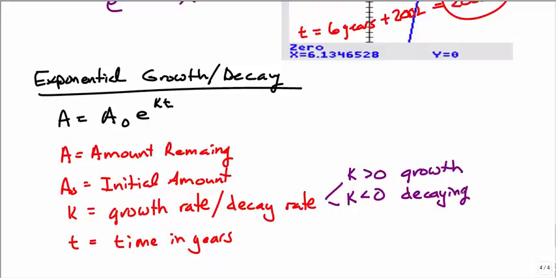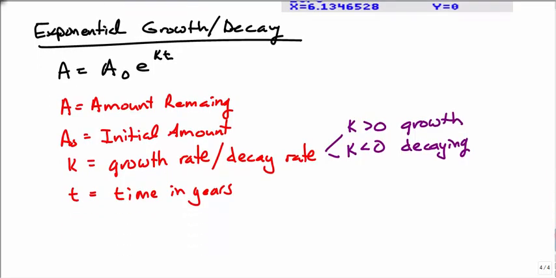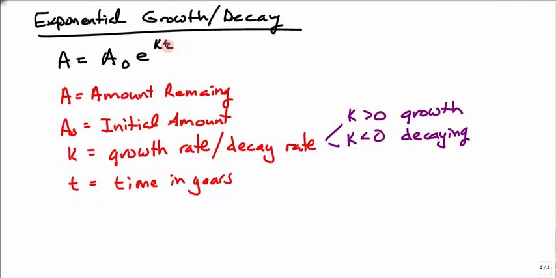Now, one other thing that we could look at is what is happening at t equals 0. Well, t equals 0 means before we even start, no time has passed. So at t equals 0, what ends up happening then is our amount is A naught.